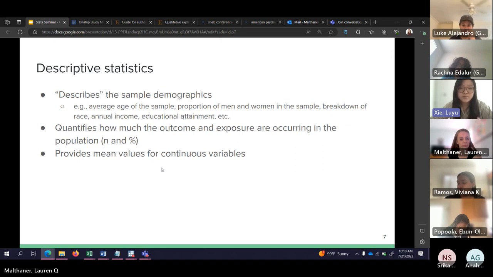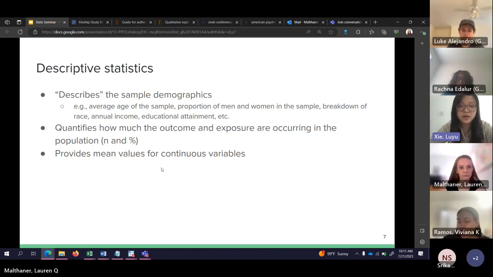For example, we report the average age of the sample, the proportion of men and women in the sample, the breakdown of race, their annual income, their education level, etc. If you have a categorical variable, you want to report the n with percentage, which quantifies how much the outcome and exposure are occurring in the population. And if you have a continuous variable, you just calculate a mean with standard deviation.